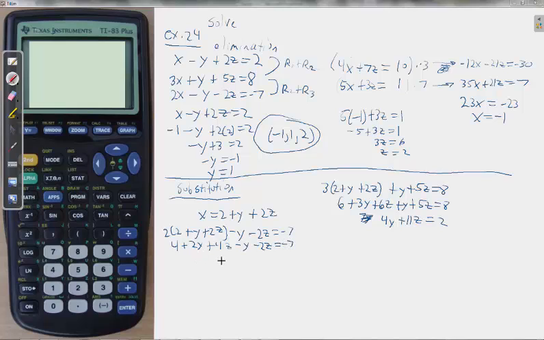It'll be 2y minus y, so y, and 4z minus 2z, so plus 2z, and then subtract the 4 over would be negative 11. So you have y plus 2z equal negative 11.